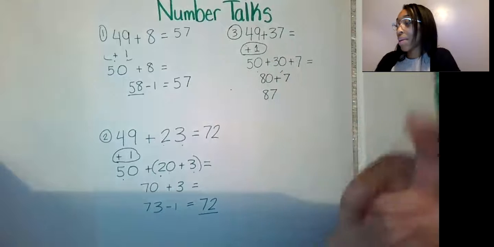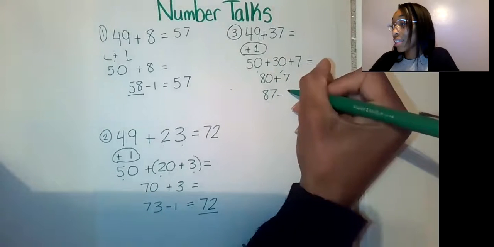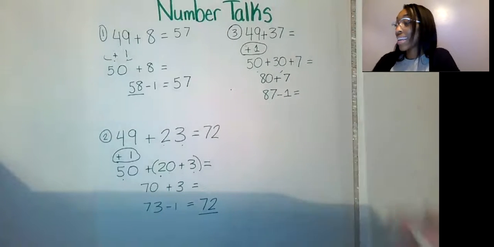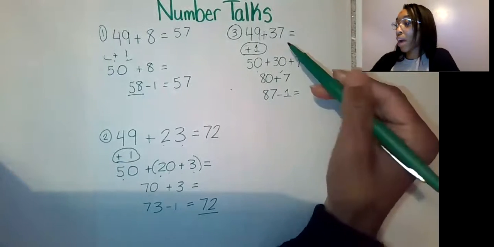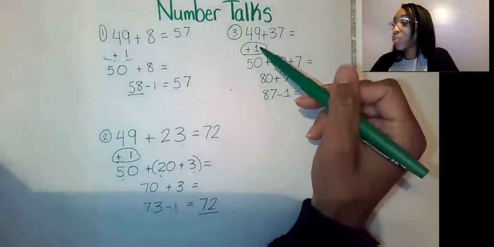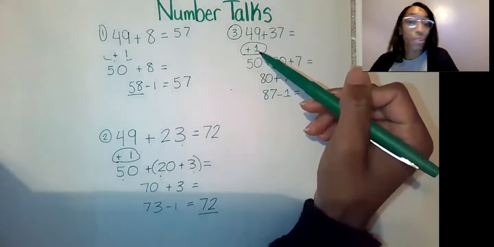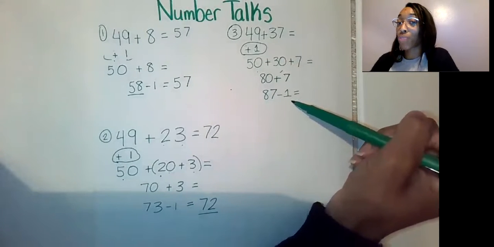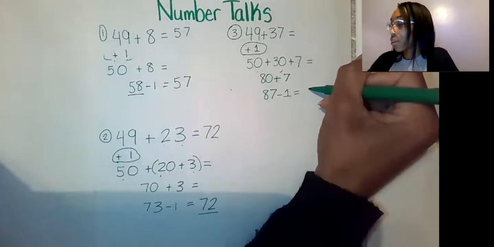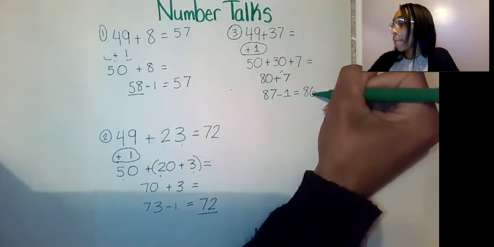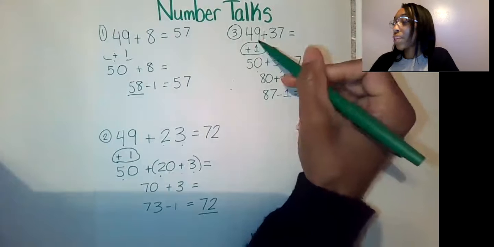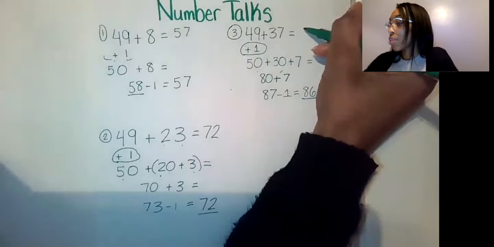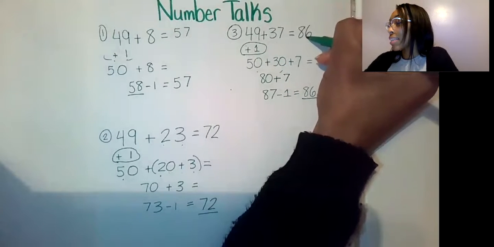I added it in, now I have to bring it out and subtract it so that I could get to the real sum for our equation. This was just to help me get to a friendly number, so I don't need it anymore. I got my sum. Now I'm going to subtract 1 to get the final sum. So 49 plus 37 equals 86.